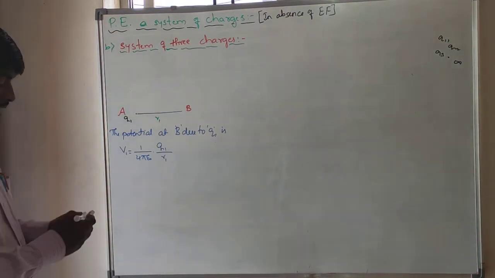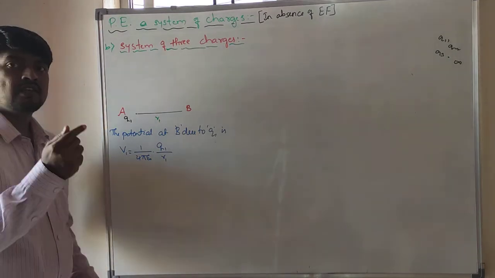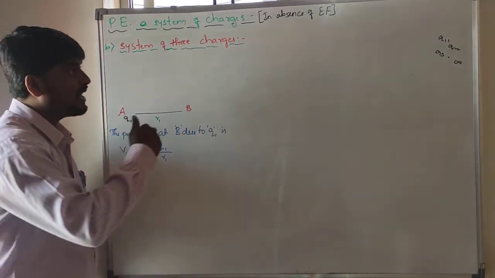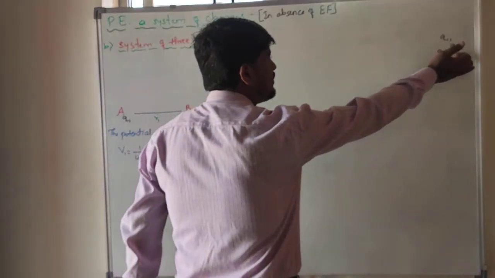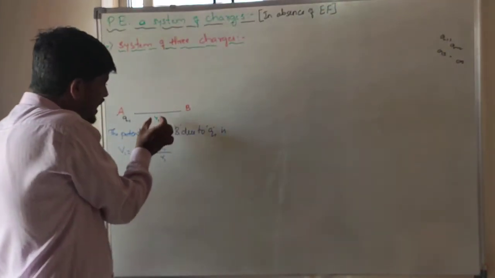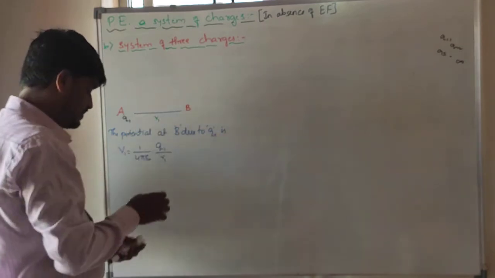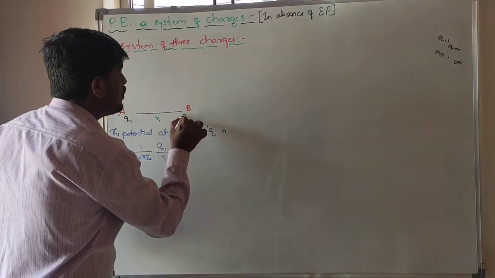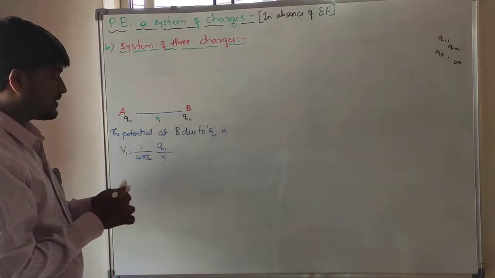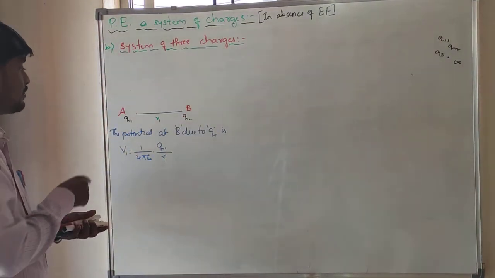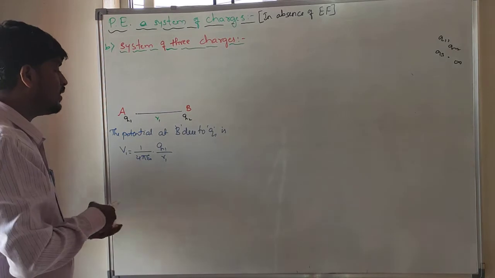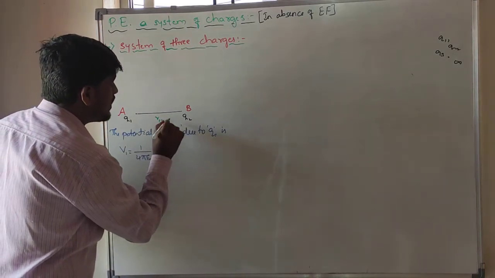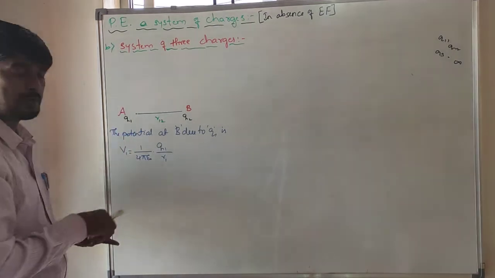Afterwards, let's make it a system of two charges as we did earlier. Bring the charge q2 from infinity to the point B at a distance of, say, R1. Now I am placing the charge q2 at a distance from the charge q1, and the distance between the charges q1 and q2 I will call R12, for understanding purposes.